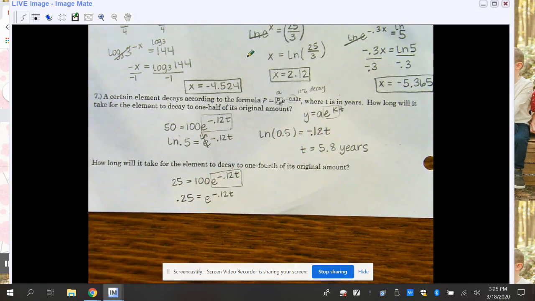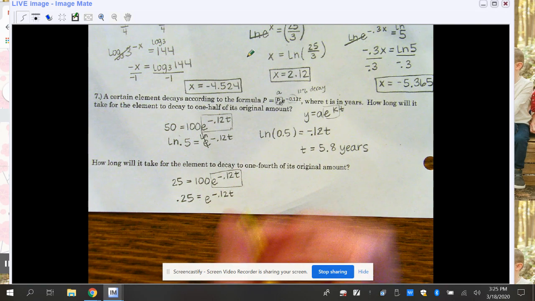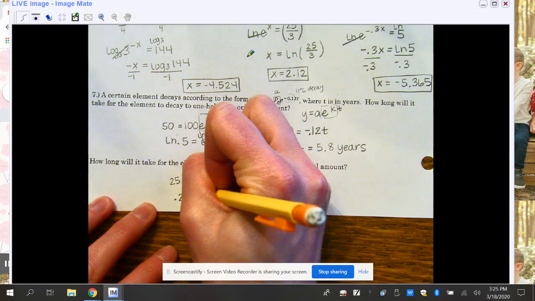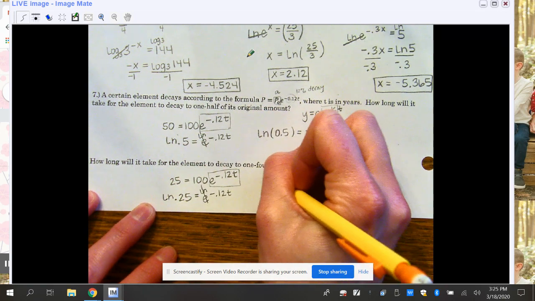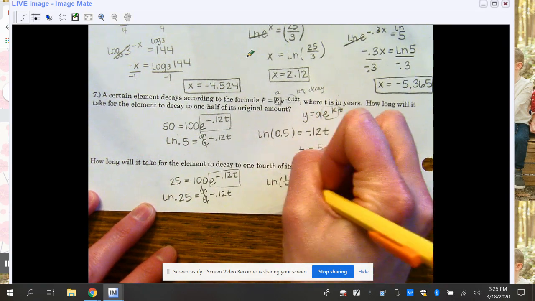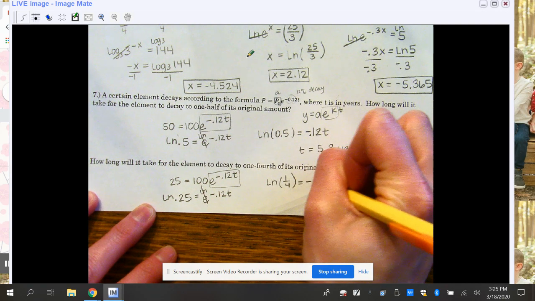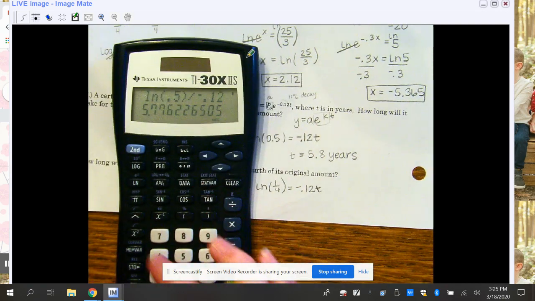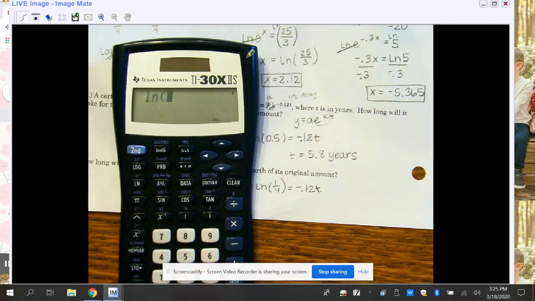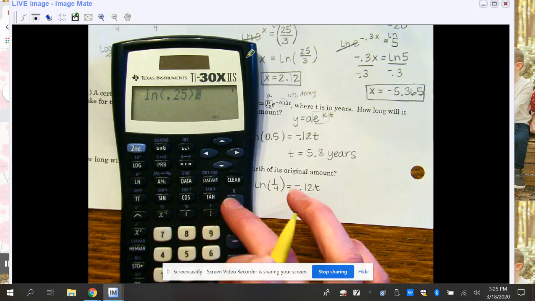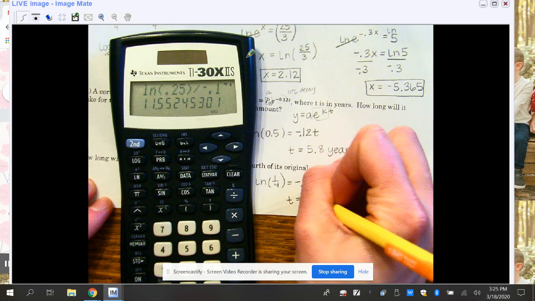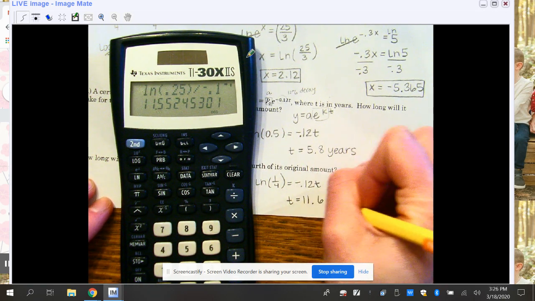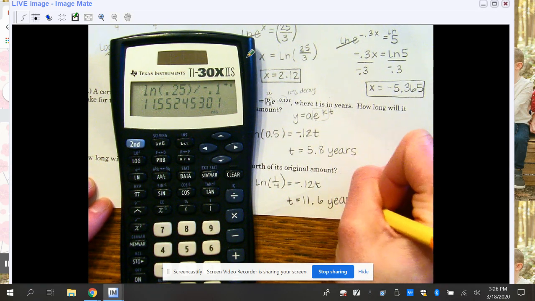So then now I can undo my exponent, take the natural log of each side. It's natural log of 1/4. And then I can solve. Natural log of 0.25 divided by negative 0.12 is about 11.6 years, which again seems reasonable to me.